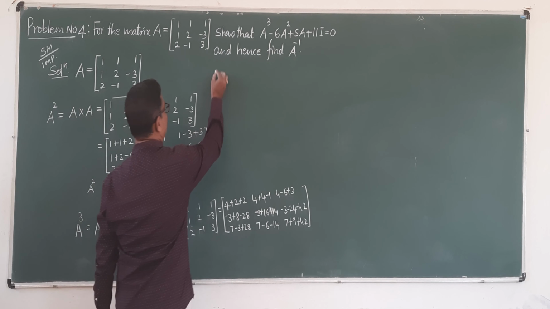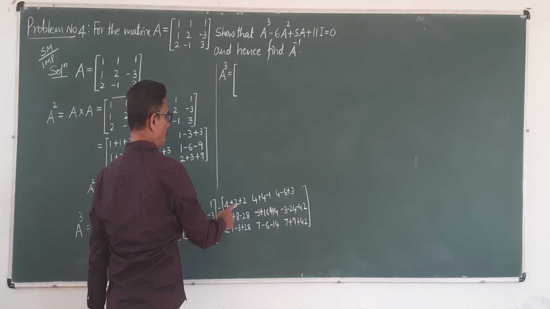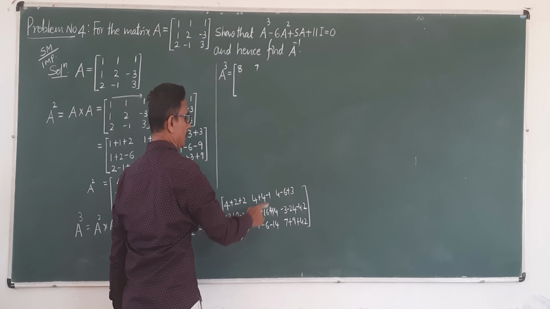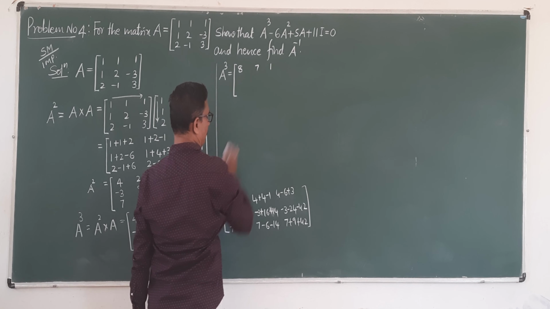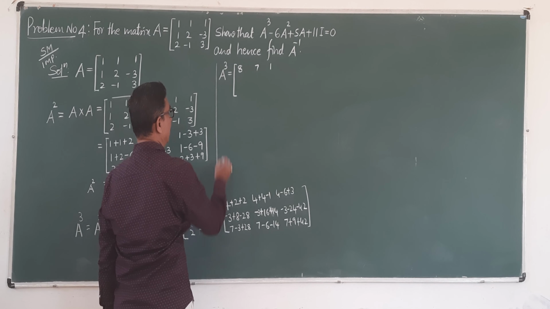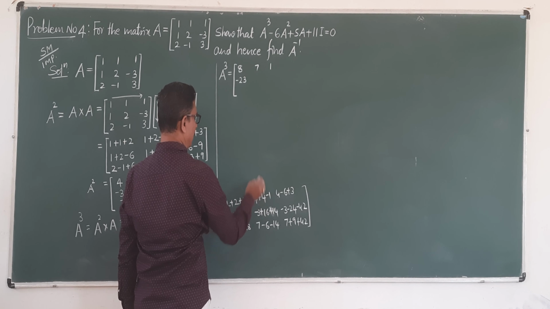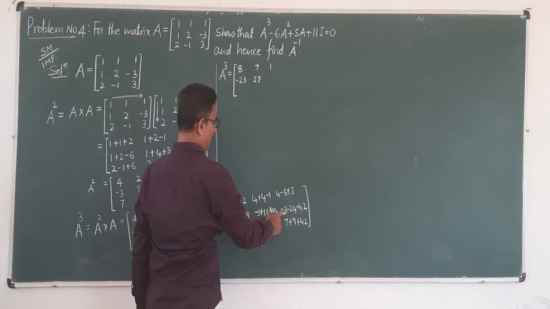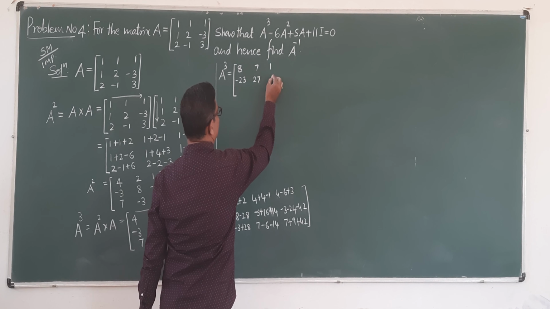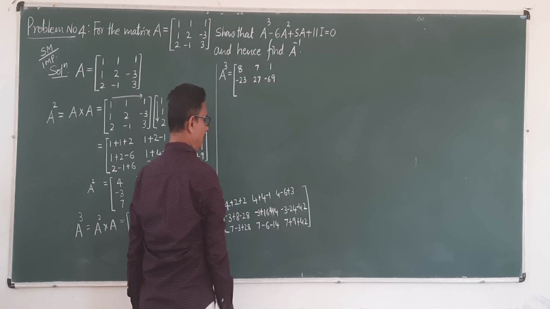Then further simplify. A cube is equal to: 4 plus 2 plus 2, 6 plus 2, 8. 4 plus 1 is 8 minus 1, 7. 4 minus 6 minus 2 plus 3 plus 1, correct? Then minus 3 minus 28 plus 8, minus 20, minus 3, minus 23. 14 minus 3 is 11, 11 plus 16 is 27, minus 3 minus 24 minus 27 minus 27 minus 42, 69. So that is minus 69, correct?